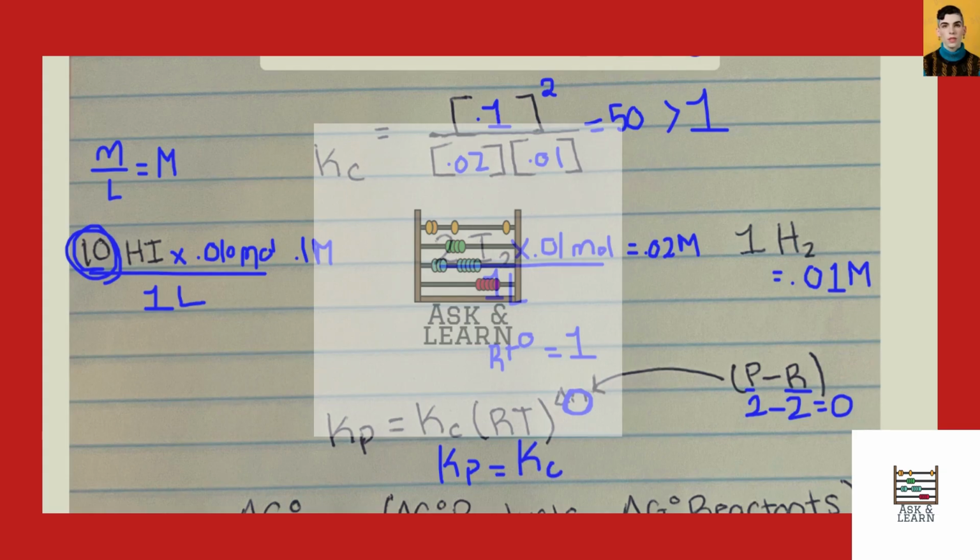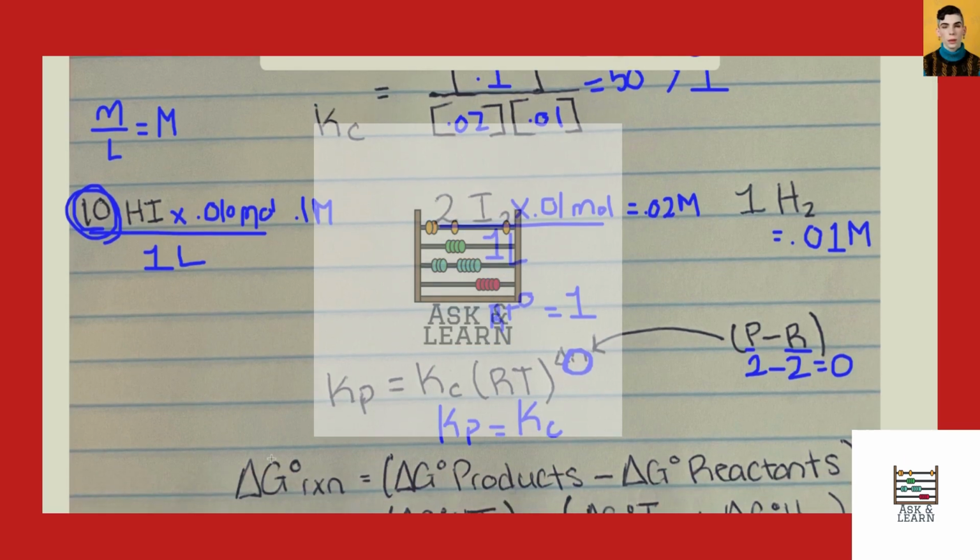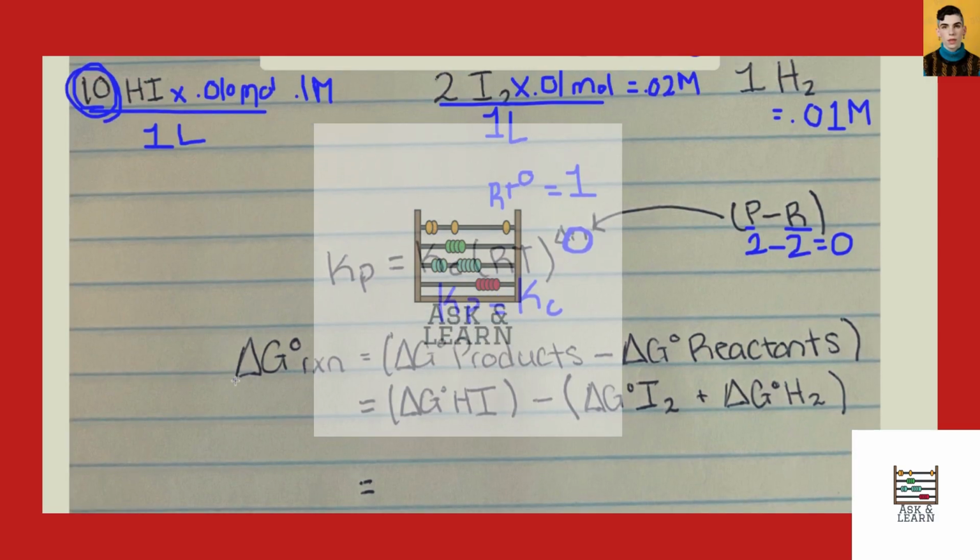There we go. And the last part of the question is asking us to find the delta G of reaction. So again, we're going to use this equation like we always do: our delta G of reaction equals delta G of the products minus delta G of the reactants. So you can go ahead and plug in.